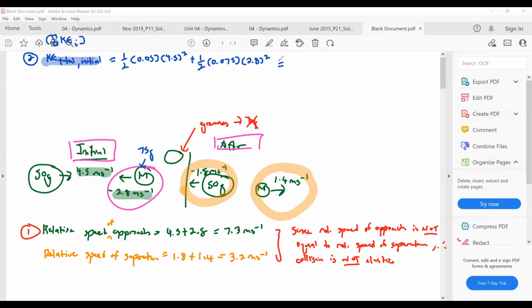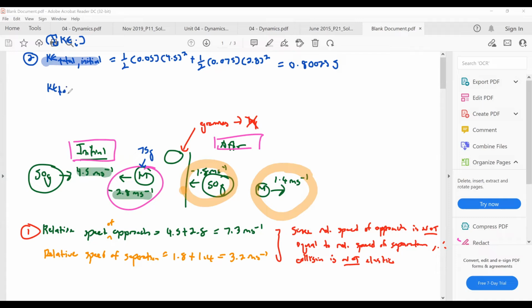You eventually get 0.5 times 0.05 times 4.5 squared, plus 0.5 times 0.075 times 2.8 squared. You should get it around 0.80025 joules. Okay, I might be wrong, but you just let me know if I'm wrong.